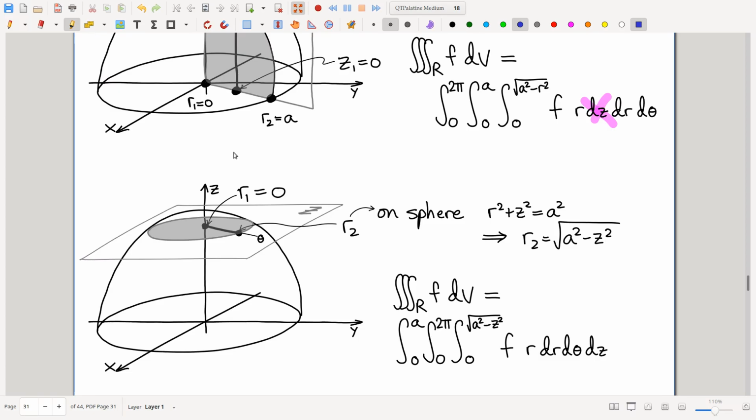I would decide myself by looking at the algebra, possibly the geometry, and asking yourself, would you like to solve for z as a function of r and theta, or would you like to solve for r as a function of z and theta? One way or the other is going to be more convenient than the other. So just let that be your guide. Every example is different.